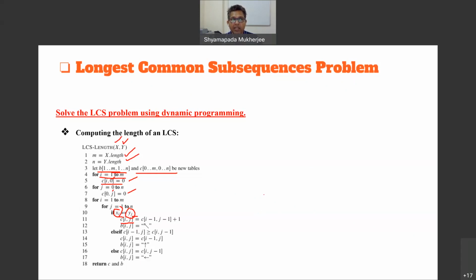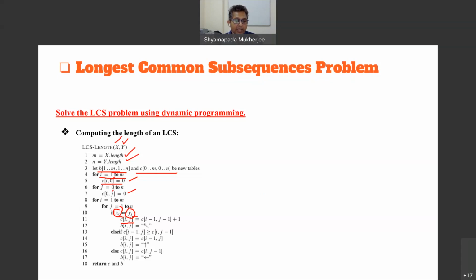Initially, we solve the problems of smallest size, then we go one step up, then using those solutions to the subproblems, we go one step more, finding an optimal solution for larger problems.